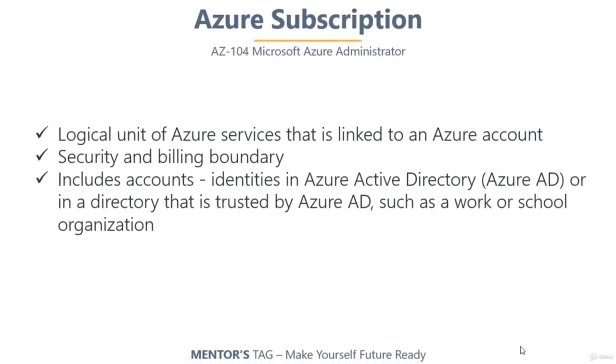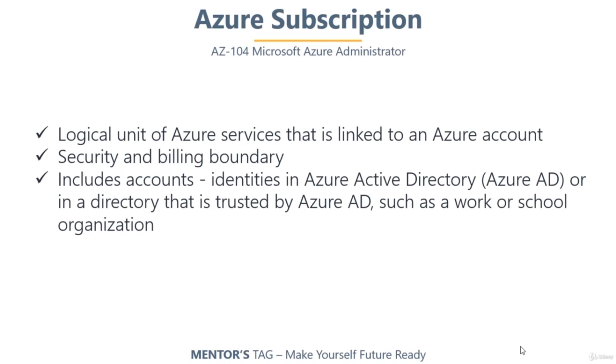Now coming back to this, we already know that we have something called Azure AD, and there is one confusing question which I want to ask right now. We already know that we have a hierarchy, like a resource group is going to have multiple resources inside it, and multiple resource groups will be inside an Azure subscription.